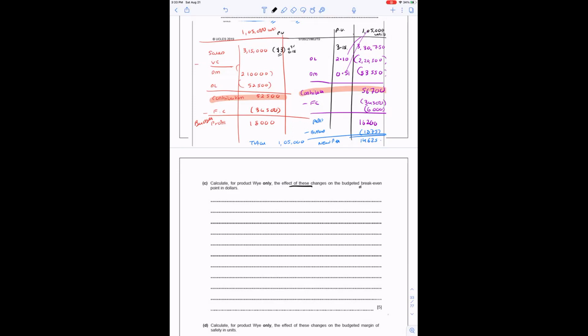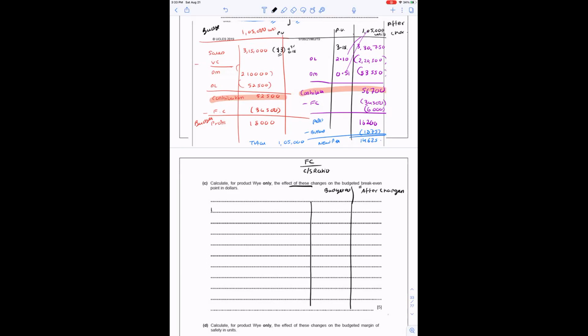Break-even point in dollars is fixed cost upon contribution to sales ratio. Okay. Now let's calculate for both of these. This was the budgeted one and this would be after changes. I just brought down, this was the budgeted and this was the after changes.